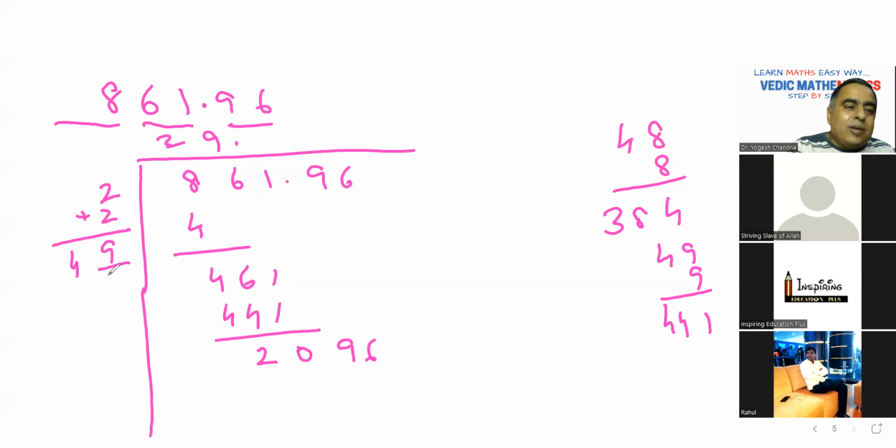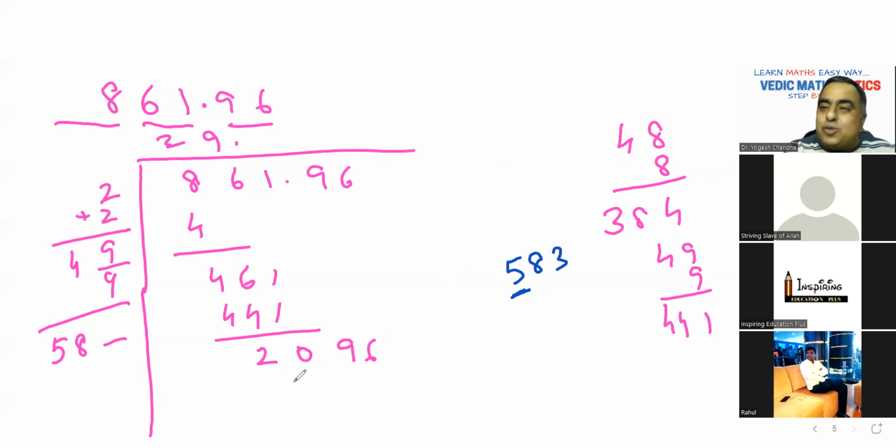Correct? Okay. 49 plus 9 is 58, and a space. 583, yes or no? Yes, sir. See, generally when we have 5 here, I can think 5 into 4 is 20, but this will become bigger. So 3, 3, 9. 1749.